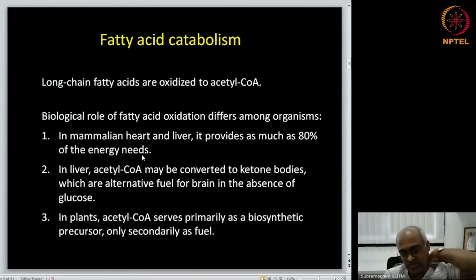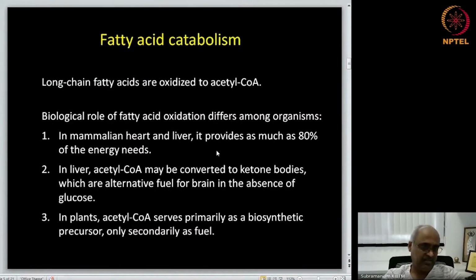The bulk of it coming from carbohydrate is what is really good for overall well-being, because fatty acid storage, mobilizing and metabolizing can have unnecessary unhealthy consequences. But these tissues can handle as much as 80% requirement from fatty acids alone. Energy here means acetyl-CoA getting oxidized to carbon dioxide.